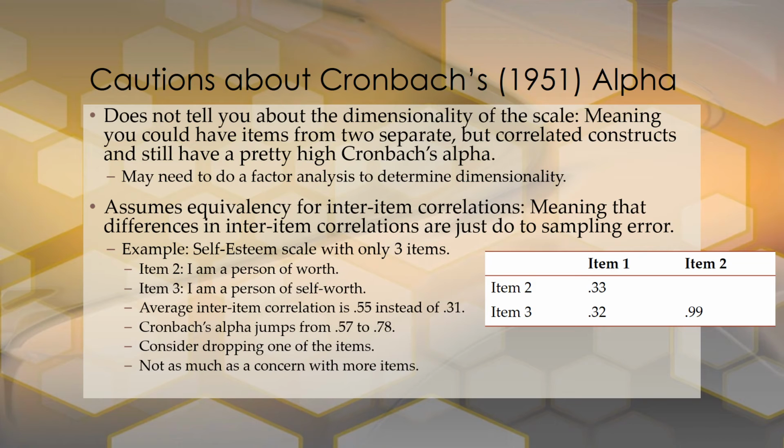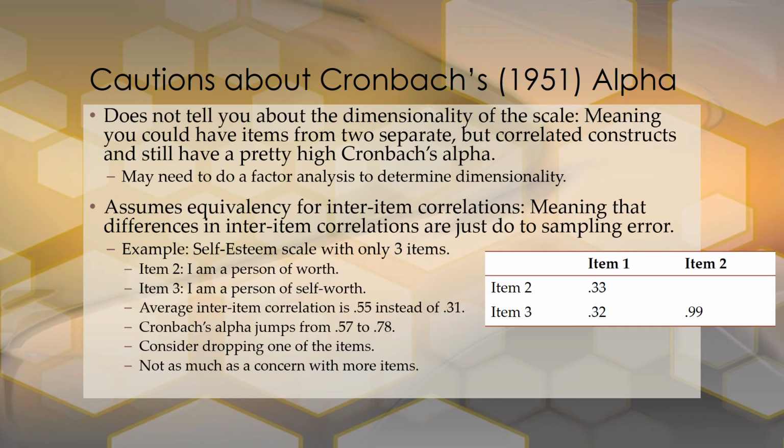Another caution is that Cronbach's alpha assumes equivalency for the inter-item correlations, meaning that differences in the inter-item correlations are just due to sampling error. So it's just by chance that our inter-item correlations are differing, and we average them out to get an estimate of what they all really should be.